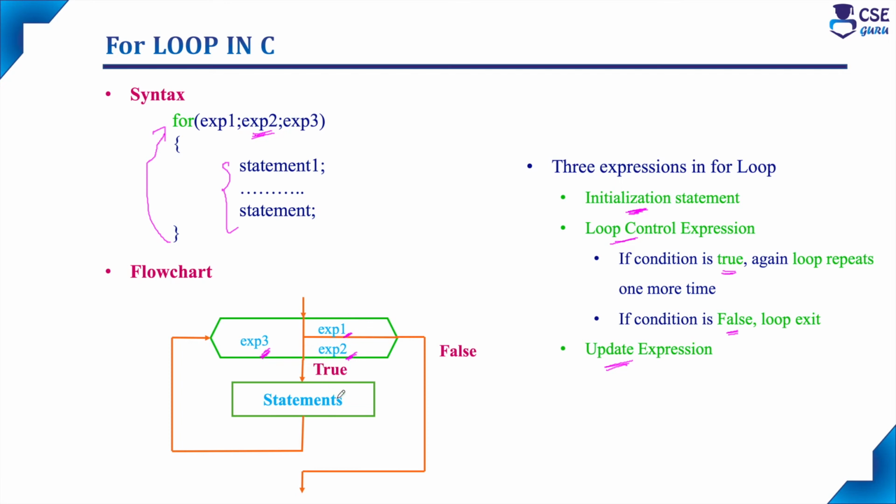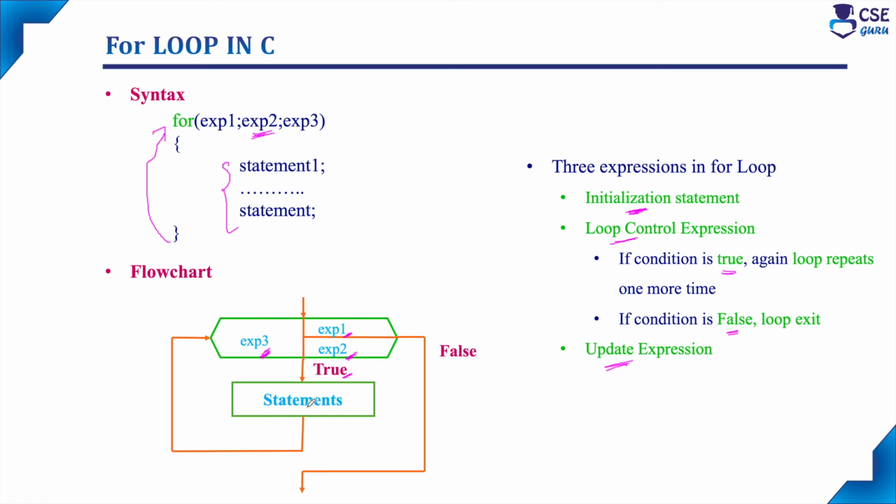Now in the second iteration, that is now first iteration is over. In the second iteration, expression 2 will be evaluated with the updated value of the variable. Suppose again if the loop control expression, that is expression 2, is evaluated to true means one more time the body of the loop will execute. At the end of the body of the loop, again the variable value will get updated, and again control will transfer to for loop.